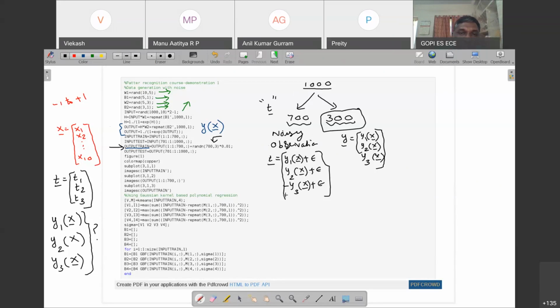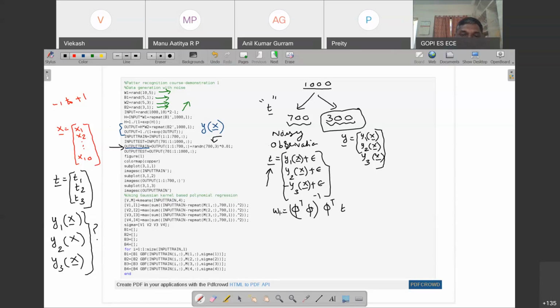We are going to use this only for constructing W. As you know, W is phi transpose phi, the whole inverse, phi transpose T. You can do this separately, because we have 3 relationships.